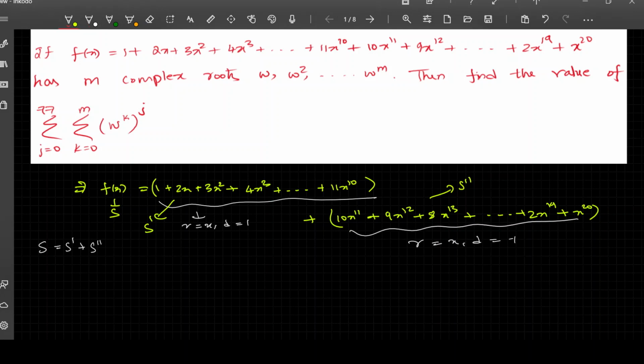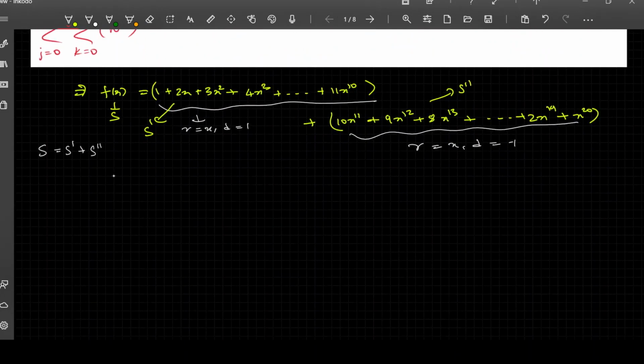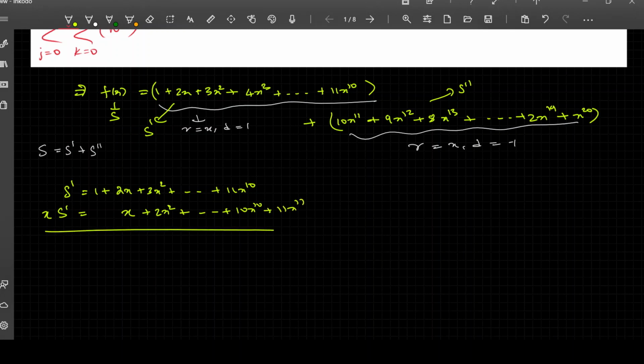So solving for S dash, we have 1 plus 2x plus 3x square plus so on till plus 11x power 10. We shall multiply by x, so x times S dash would be, writing the corresponding terms, x plus 2x square plus so on, plus 10x power 10 plus 11x power 11, and you just need to subtract them now.